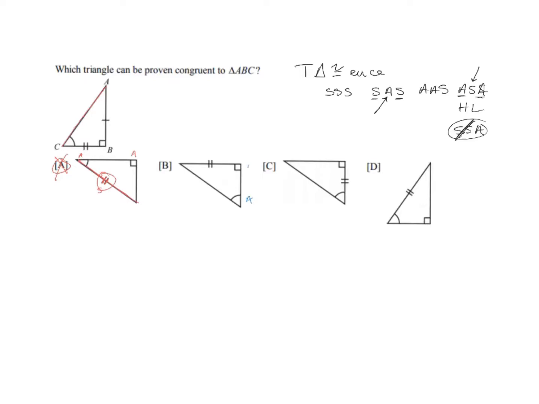I have an angle side, so that's appropriate. I have the right angle, but I do not have a match with the leg, because here is a double slash and here they're saying it's a single slash. So what we're practicing here is looking for slashes and arcs and for our triangles to match appropriately.